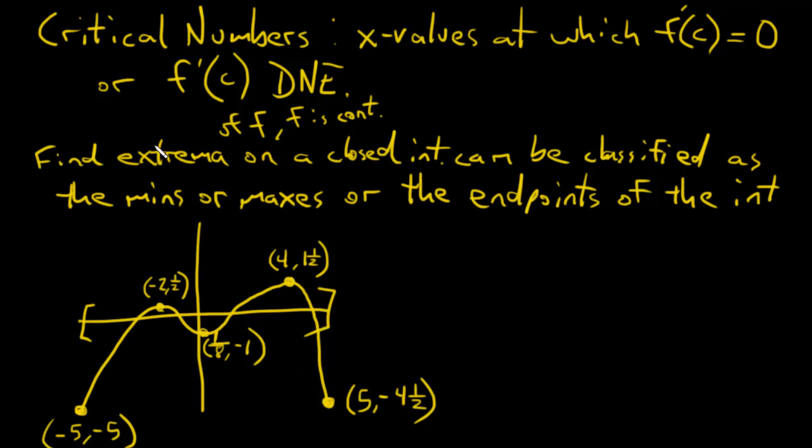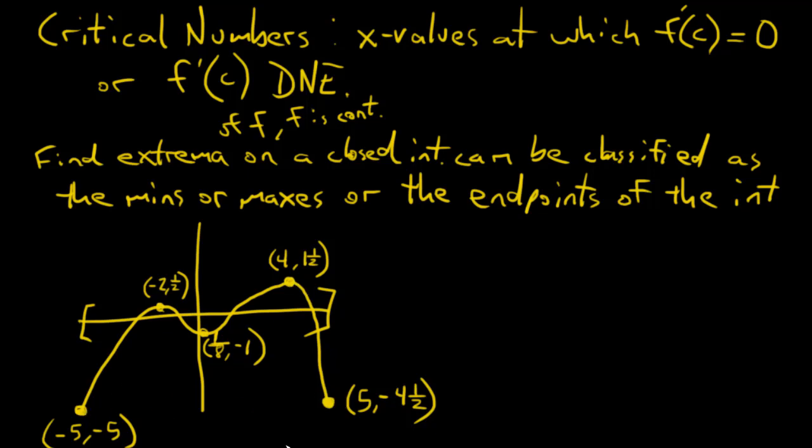Now, if I'm trying to find the absolute mins or maxes, the global mins or maxes, which is what extrema means, as long as I don't say relative or local extrema, I'm talking global. It's automatically assumed it's global if you just say the word extrema. So if I'm looking for them on a closed interval, and f is continuous, the only candidates are either the places where you have mins or maxes or the endpoints of the interval.